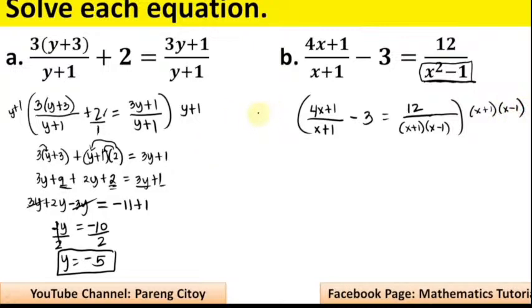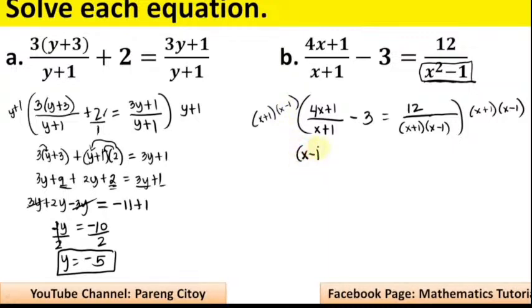Divide or multiply both sides of the equation by the LCD. Then ito, x plus 1 times x minus 1, i-divide mo yan dito. So may eliminate yung x plus 1. Dito may eliminate yung x plus 1. So remaining value is x minus 1.